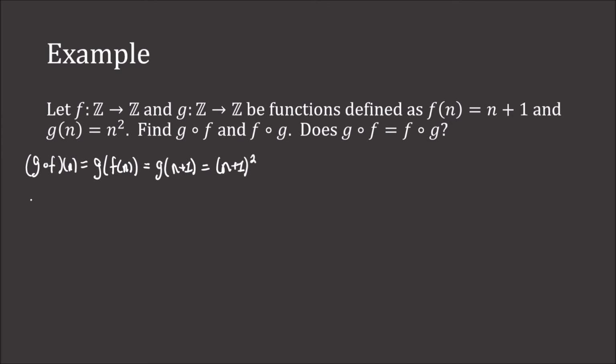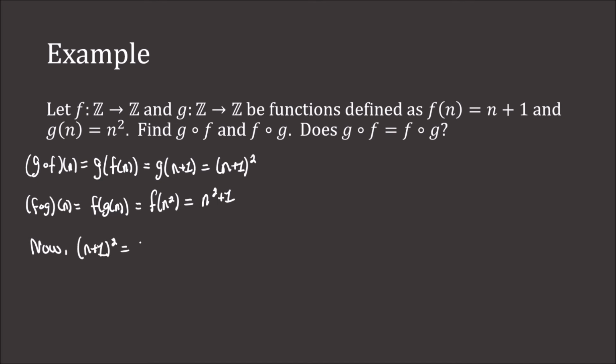Now let's look at f of g. Right, so g of n is n squared, so this is f of n squared, which is n squared plus 1. Now, n plus 1 squared is n squared plus 2n plus 1, which does not equal n squared plus 1 for any value of n other than 0.